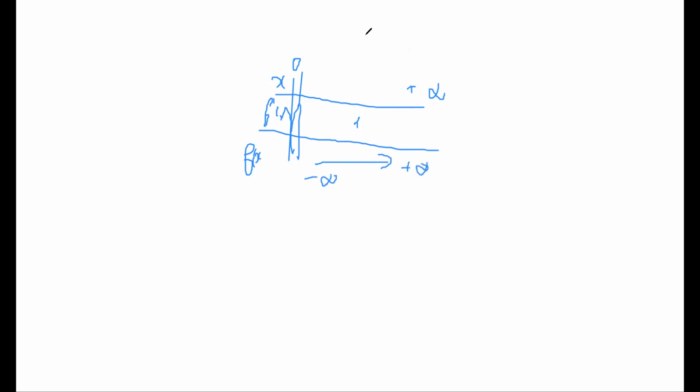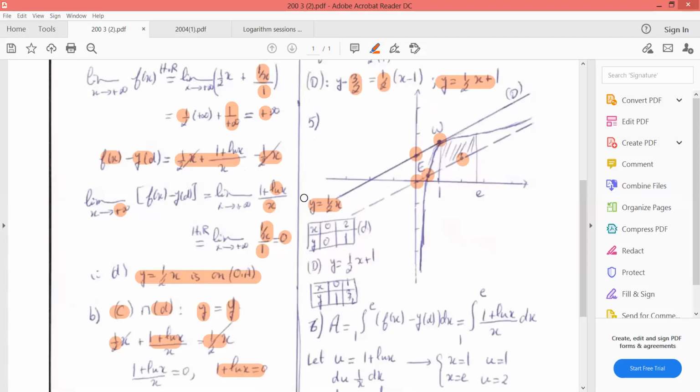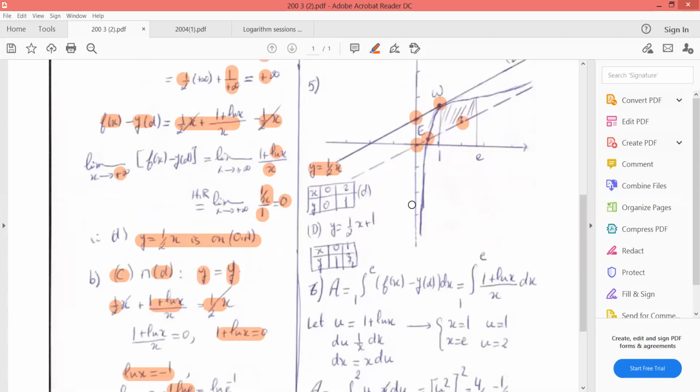Now to draw the curve of this function, the function is increasing from minus infinity at 0. It is near the vertical asymptote here. It is increasing.